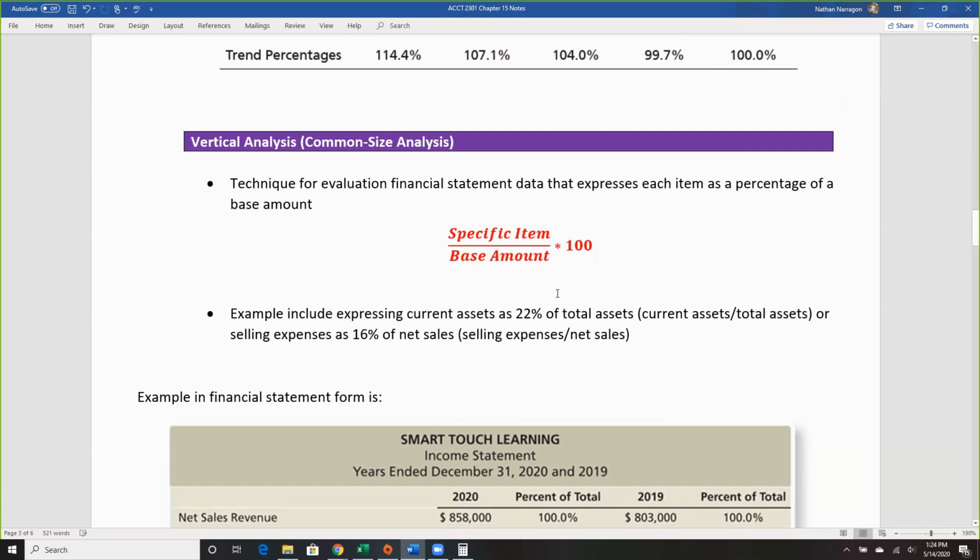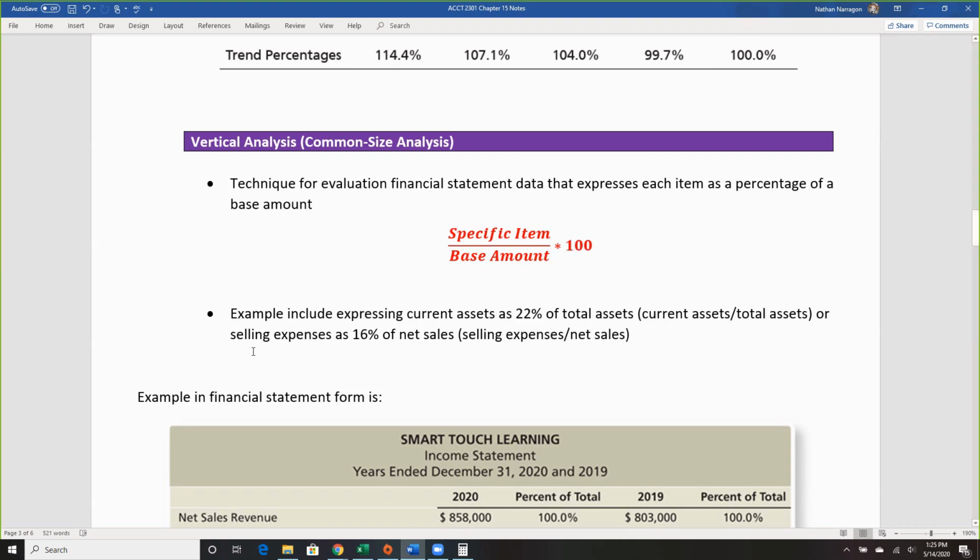So, a few examples are basically, I want to figure out how much my current assets represent of my total assets. Basically, the specific amount is the current assets, and I divide by the base amount I want to figure out from, so total assets. So we know current assets make up 22% of our actual total assets, although this company has a lot of fixed assets.